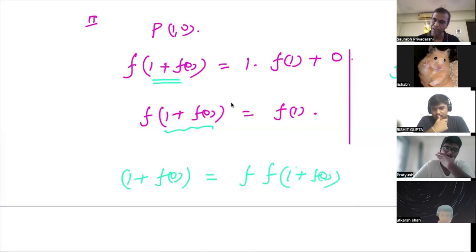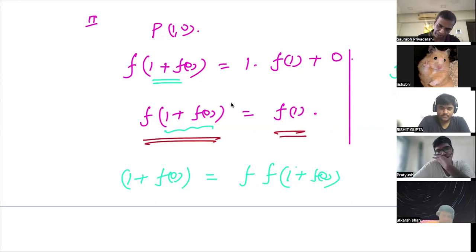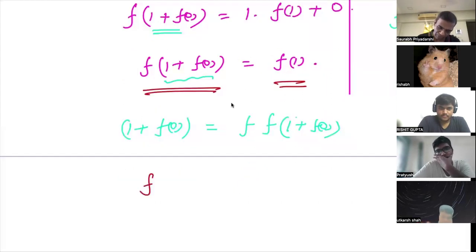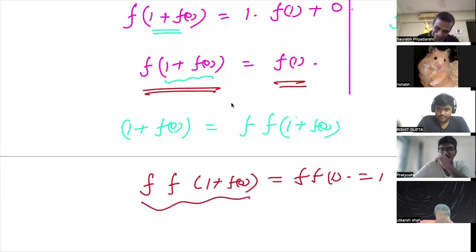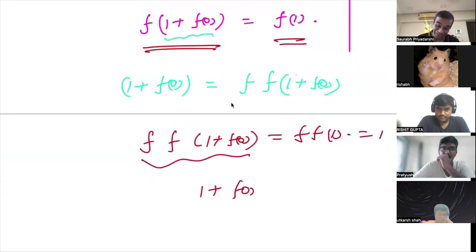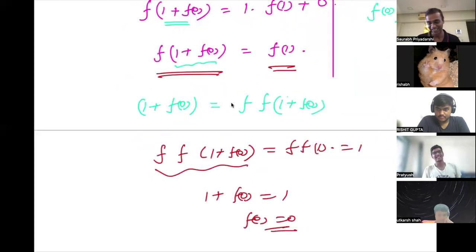So if I apply function f both sides, I'm getting f of 1 plus f naught is equal to f of 1. But this is 1 only, and this I can write as 1 plus f naught is equal to 1. So I'm getting f0 is 0.